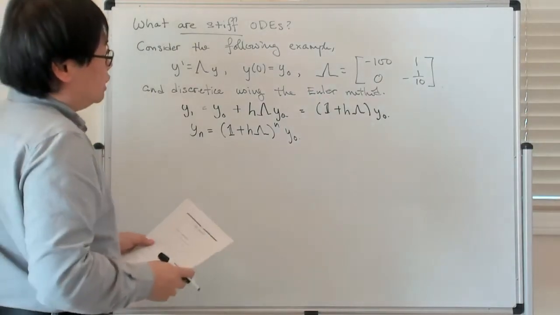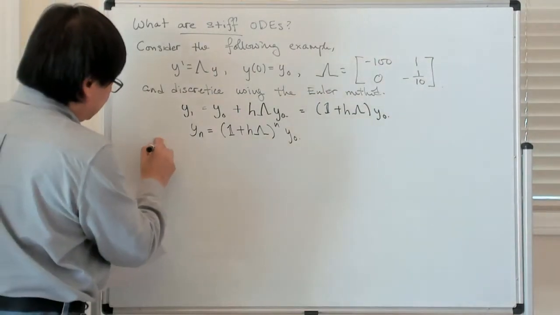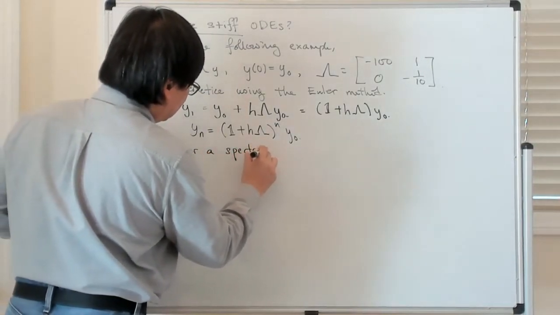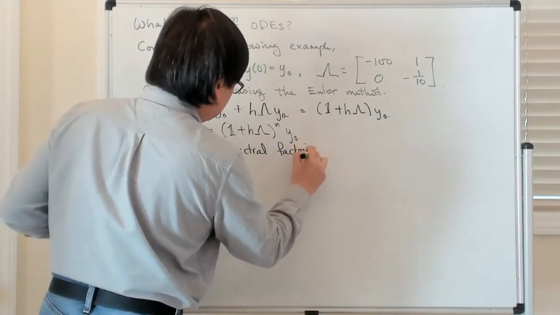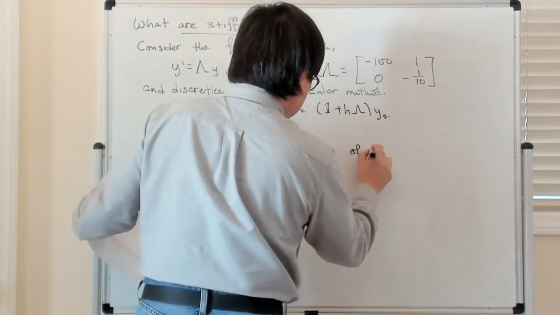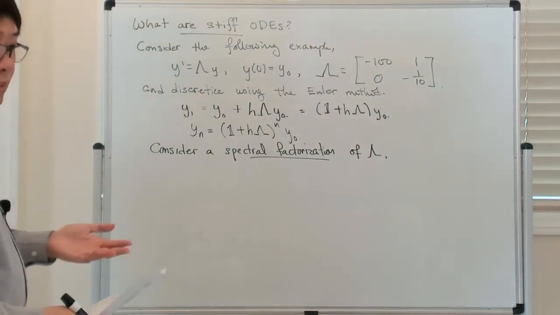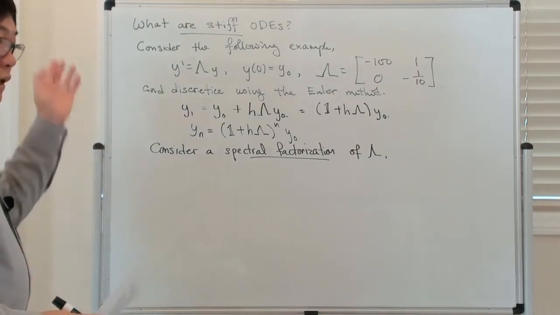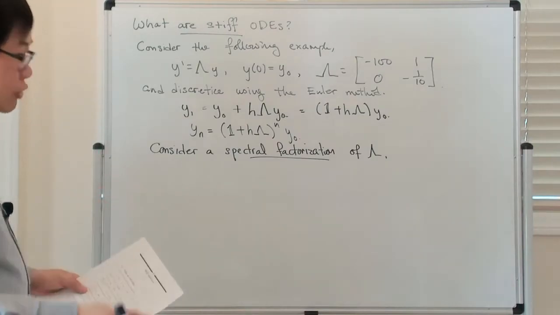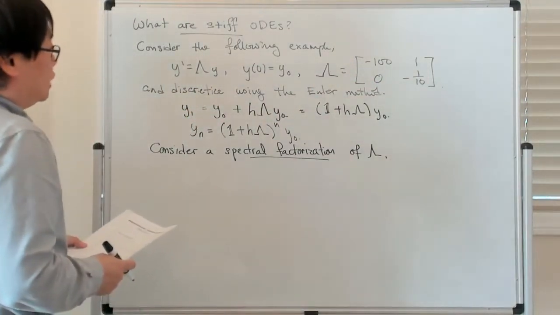So I'm going to consider a spectral factorization of this coefficient matrix lambda. What basically happens then is that you transform into a basis of eigenvectors, and that allows you to factorize it as the conjugation of a diagonal matrix, where the diagonal matrix consists of the eigenvalues of the matrix.